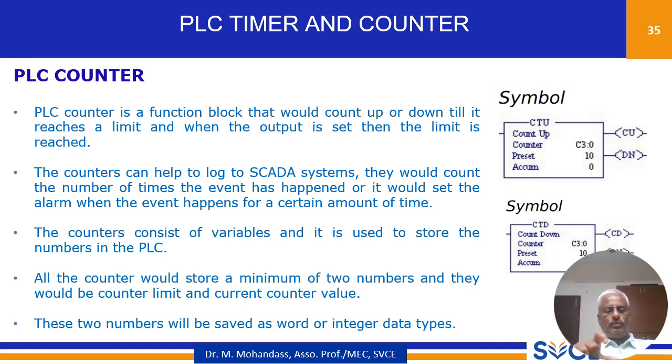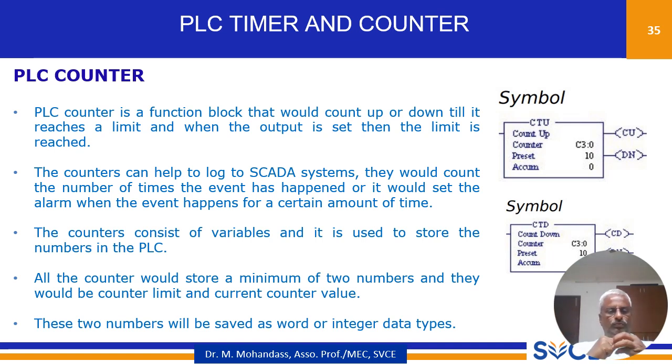As a programmer or operator, you have to define how many times a particular actuator should extend or retract. So here the counter is used to count the number of extensions or the number of retractions, to stop the particular process.